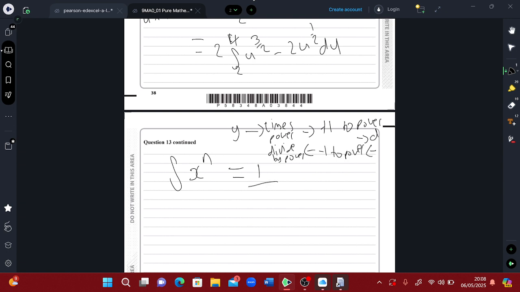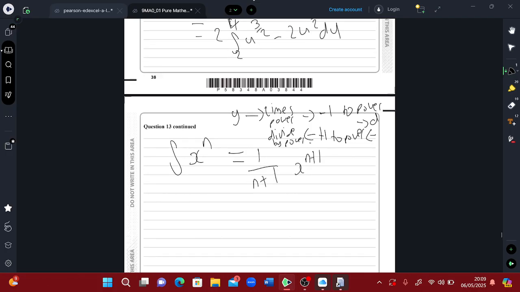Oh no, sorry. No, this is minus 1 to the power. Sorry. When you differentiate, you knock one off. So this one you add 1 to the power, and then you divide by the new power. Okay, so that'd be 1 over n plus 1 times x to the n plus 1. So you add 1 to the power, n plus 1, divide by this power. So that's the answer we get here.